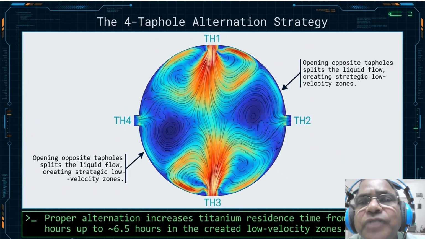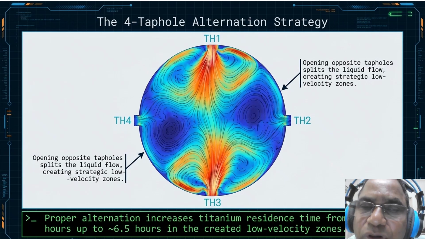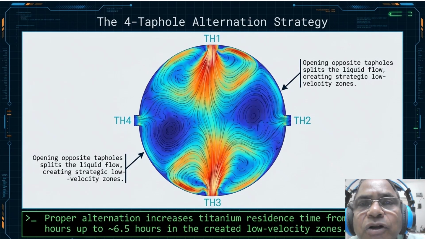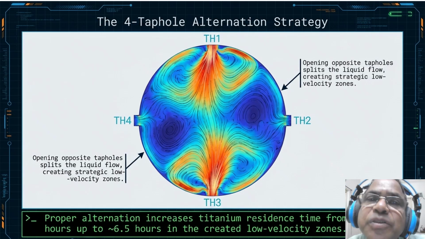So this is one example of how, when we have a multi-taphole furnace, our main aim is to keep the peripheral metal and slag flow slower. If we keep it slower, it will have a better retention opportunity for TiCN precipitate.